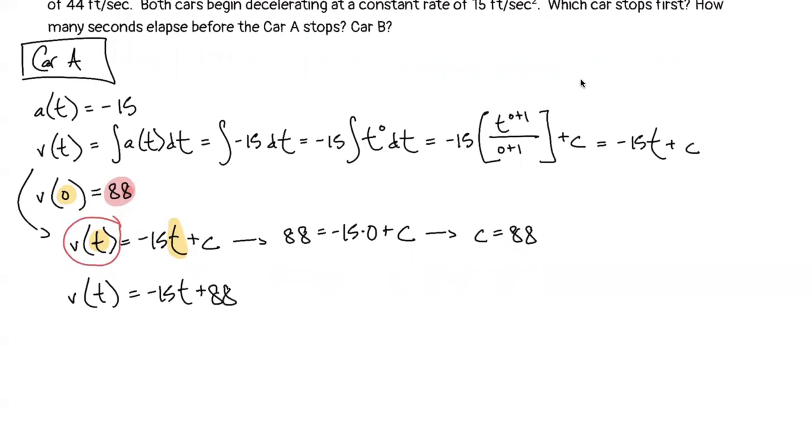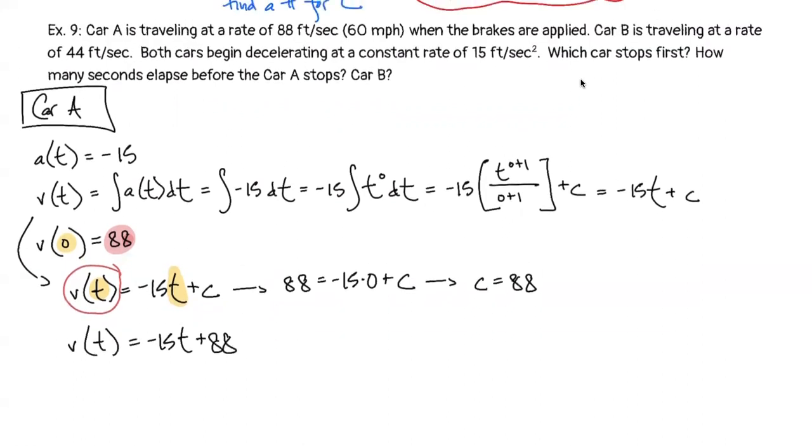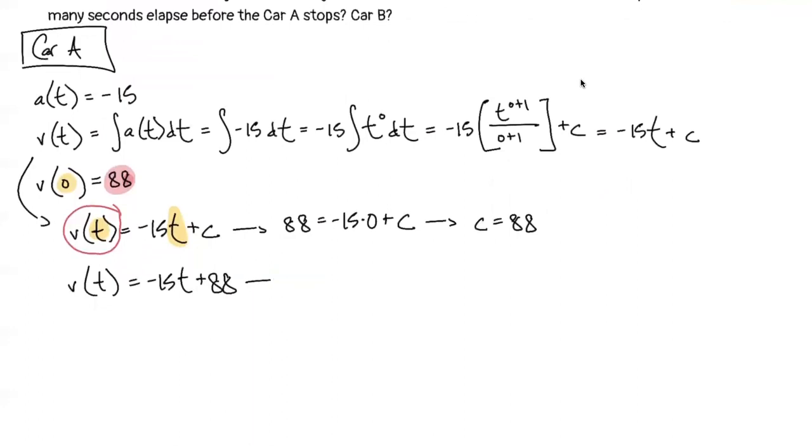Now, why is this important? Well, I want to know how many seconds elapse before car A stops. And when car A is stopped, we know that the velocity of car A is 0. That means we can say 0 equals negative 15t plus 88.